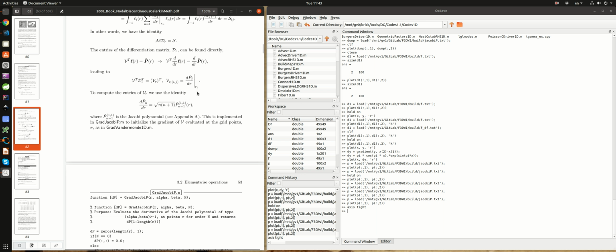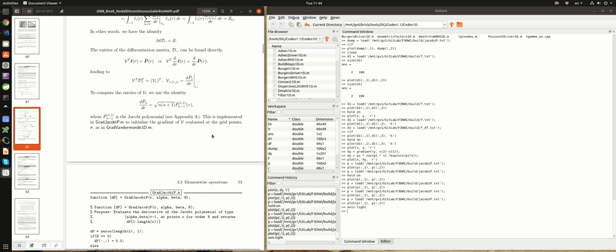So in order to construct Vr, all we need is the capability to evaluate the derivatives of Lagrange polynomials, and we have a very nice property for them. The derivative of the nth order polynomial equals the n minus one order one, though it's not exactly a Lagrange polynomial anymore. It's a Jacobi polynomial, because alpha and beta are no longer zero. They're 1 and 1. Then all you have to do is multiply the constant in front of it.